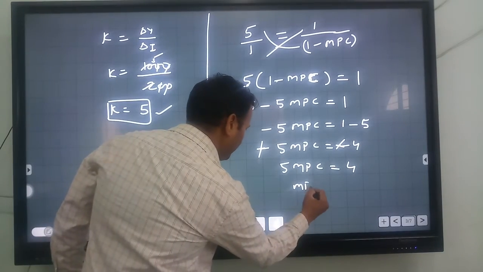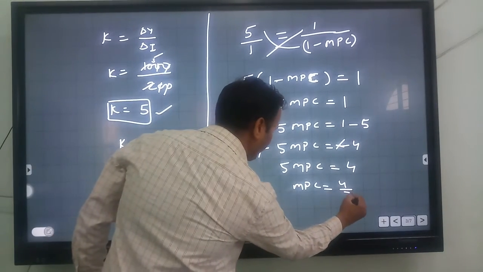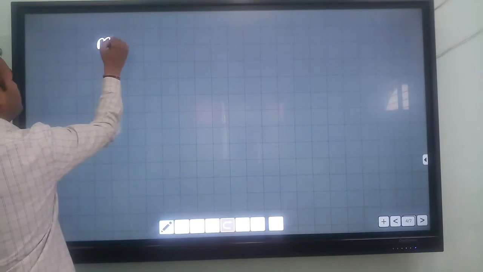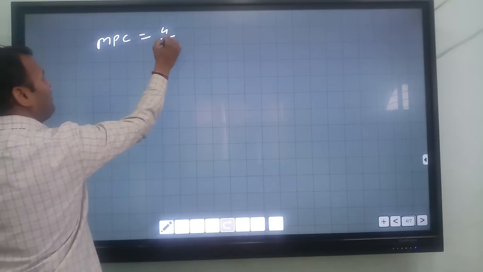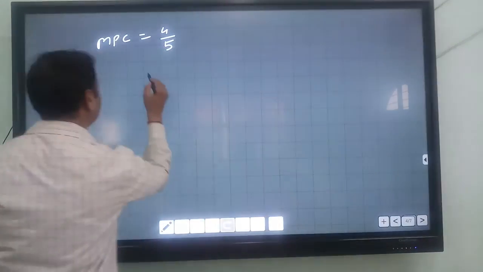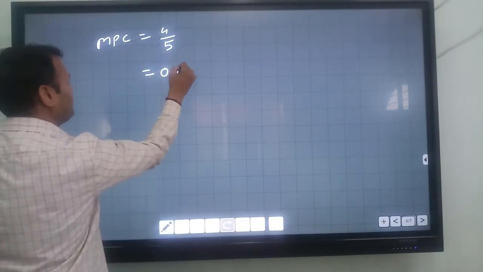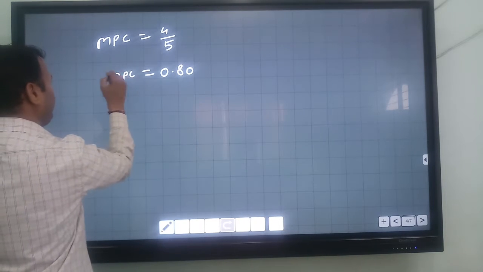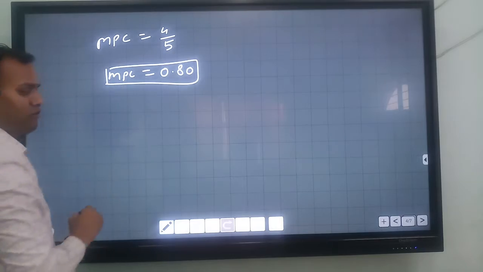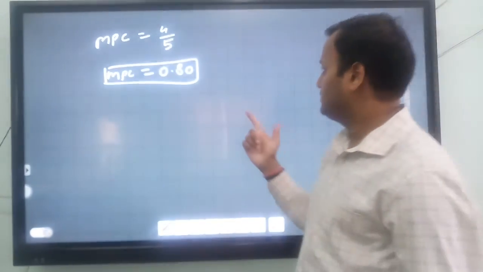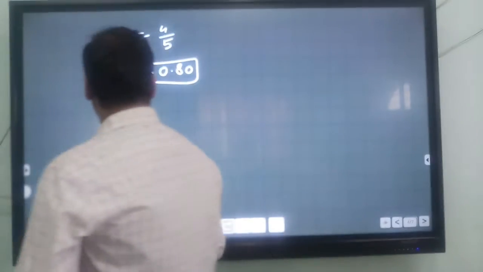So MPC is equal to 4 upon 5. Okay. So 4 upon 5 is 0.8. This is the value of MPC, that is 0.8.